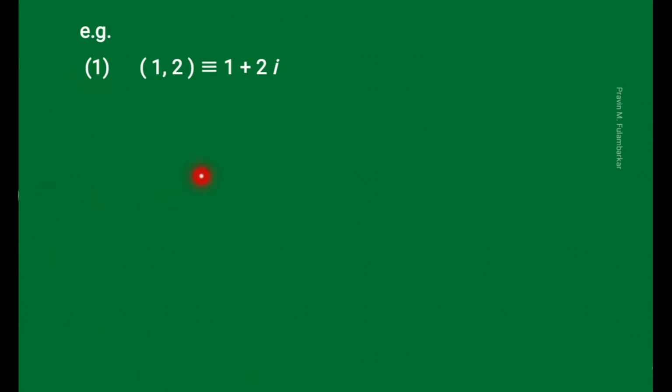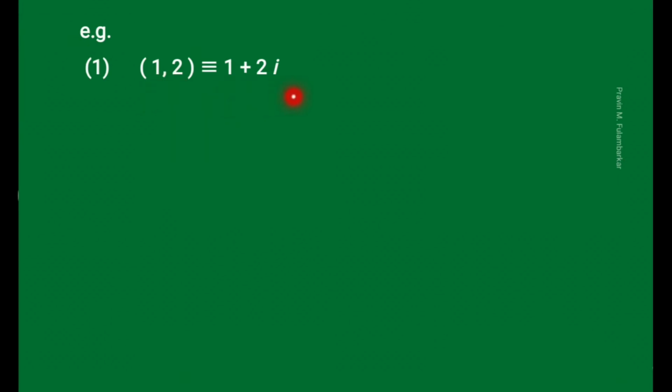So we take some examples of how to write the complex number in the form of an ordered pair or in the form of a point. Suppose the given complex number is 1 plus 2i, then this is the value of the x coordinate and this 2 is the value of the y coordinate. So this 1 plus 2i is a complex number which we write in the form of an ordered pair, that is a point.